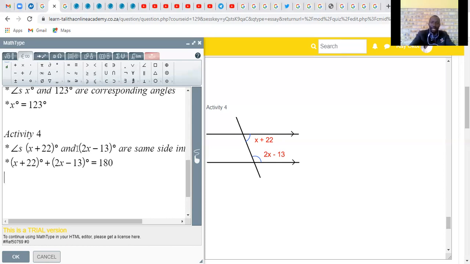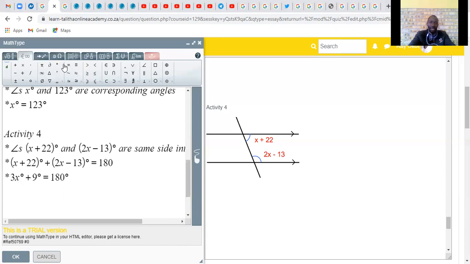Here, our next step will be to simplify what we have. Notice that we can add this x to this 2x. That way, we will get 3x. And when we add 22 to negative 13, what we get is 9. And so this will be equal to 180 degrees.